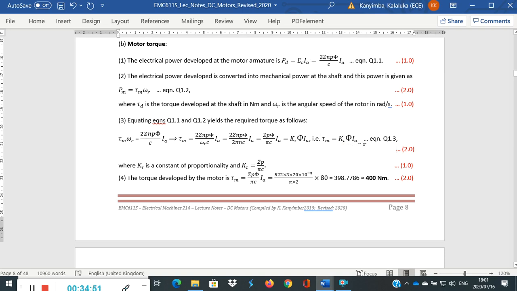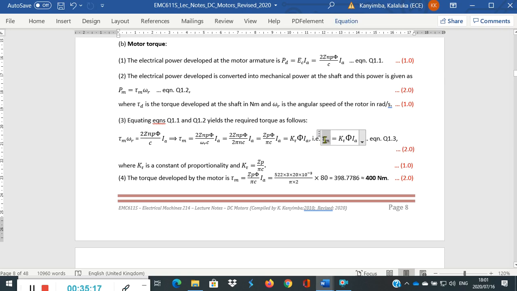Now, equation Q1.3 shows us on what factors the torque depends. You can see that the torque is directly proportional to the flux, and it is also directly proportional to the armature current. So that now is the torque developed in the motor.